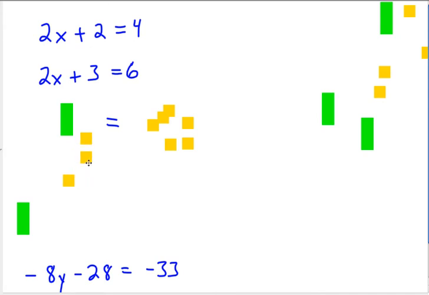I would have 1 1/2 squares, okay, which is difficult to model using algebra tiles, but the idea now is you'd have a fraction here that you'd have to deal with. And that's okay, but when I have fractions, I like to deal with them as little as possible. I'd rather stay with whole numbers as much as I can. And so when I get my fractions, I'd rather have those at the very end rather than dealing with them every step of the way.